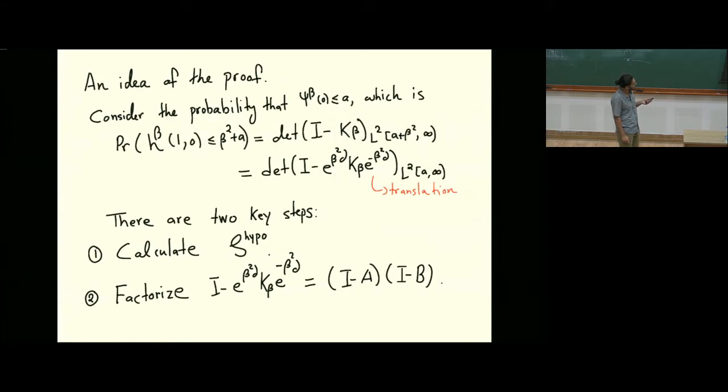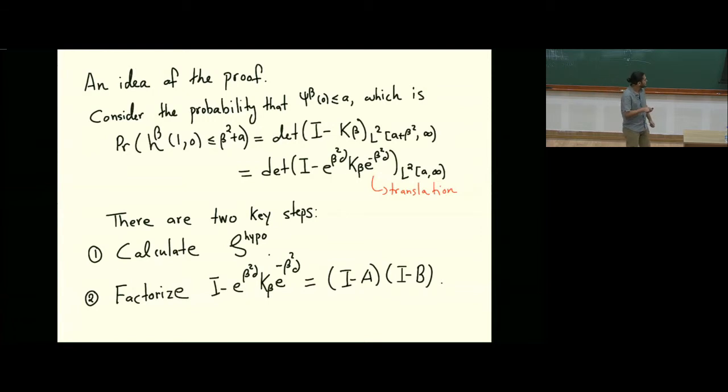So if I want to compute the probability that psi beta 0 is less than or equal to A, I have to compute this probability, which I know is given by this Fredholm determinant. Now I translate to put the beta in the operator, so I'm going to get a Fredholm determinant over L2 of this operator, where this is just a translation.